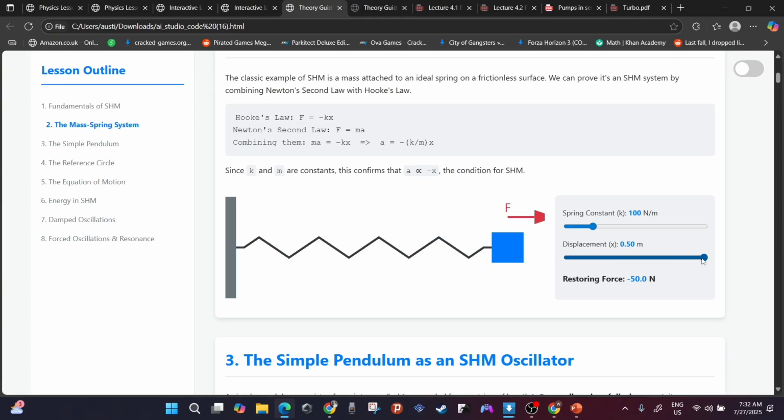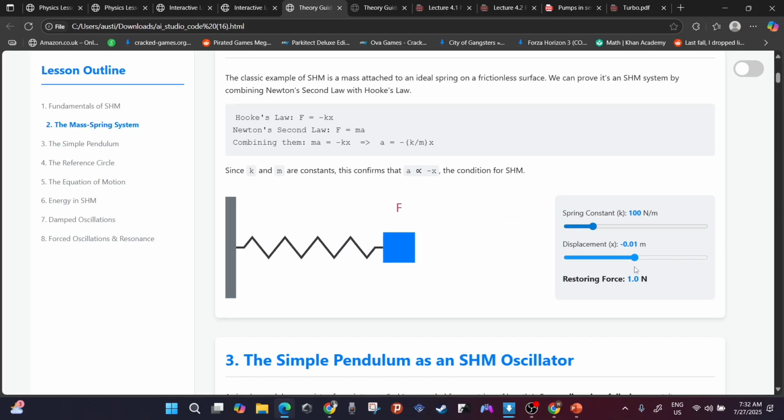So it's gonna be displaced to the right, and the restoring force would be pointing to the left because it wants to go back to equilibrium. Does that make sense? So it would basically come back here due to the restoring force, and then it would go this side, and then the restoring force would be acting to the right, pushing it back to equilibrium again, and then it would just repeat.